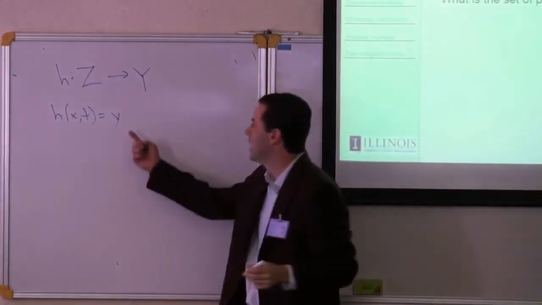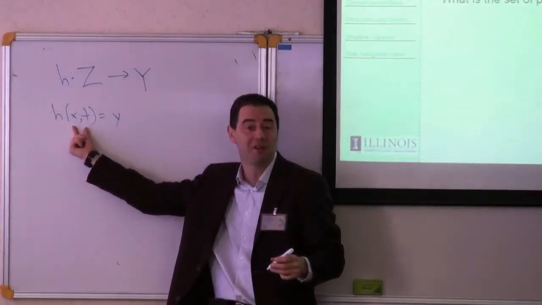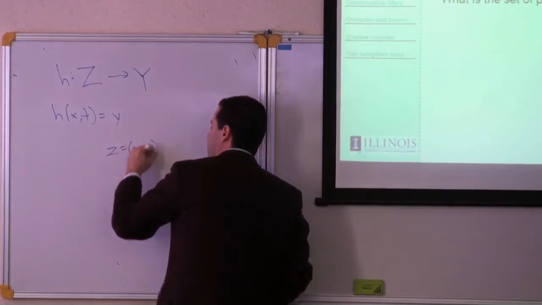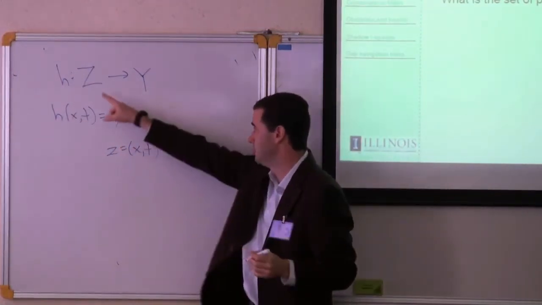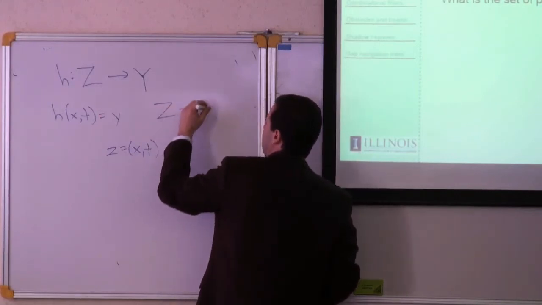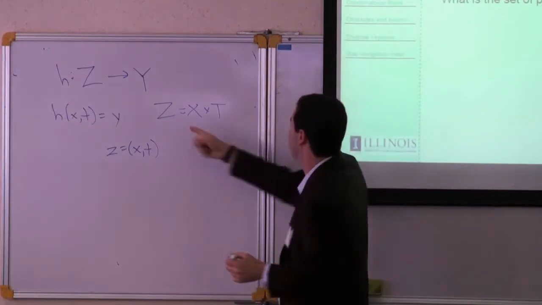I get some y given x and t, because z is (x, t), because we made a Cartesian product here. Remember that Z is X cross time, as it says on the previous slide.